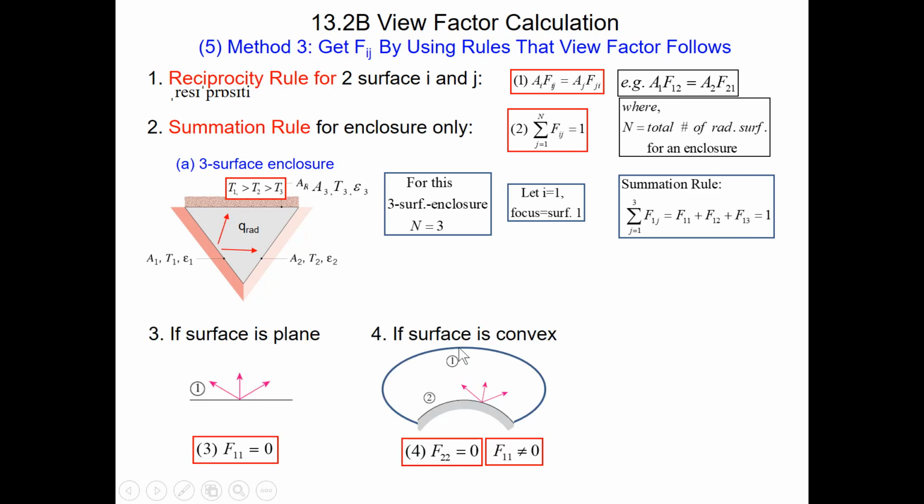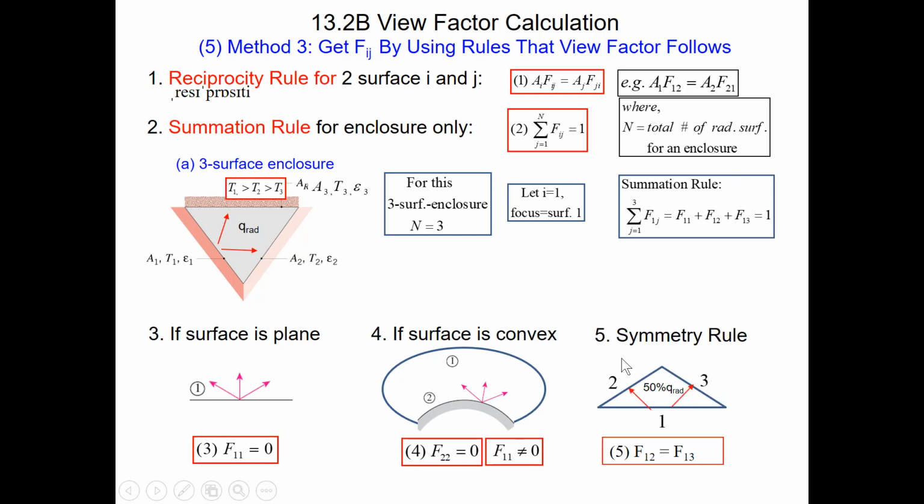The next two rules are for a plane surface and a convex surface. If this surface is plane or convex, the view factor to itself is 0. The last is the symmetry rule.